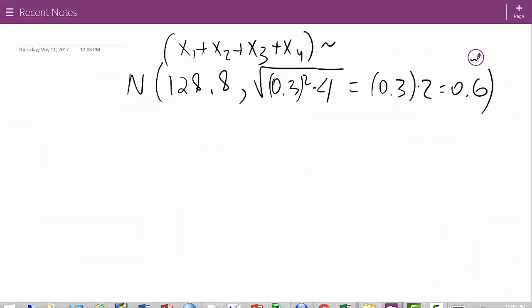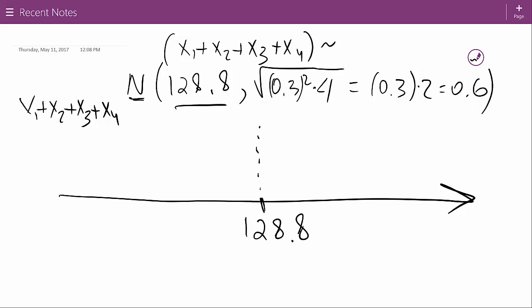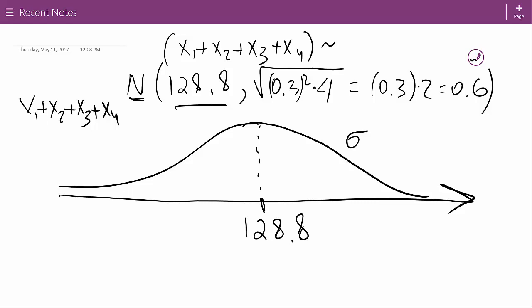So here is my distribution of the total. x1 plus x2 plus x3 plus x4 is distributed normally around the mean of 128.8. That's the mean, and here is my standard deviation represented in some form. And sigma is 0.6. We're asking what's the probability that you buy 4 bottles and the total exceeds 128.